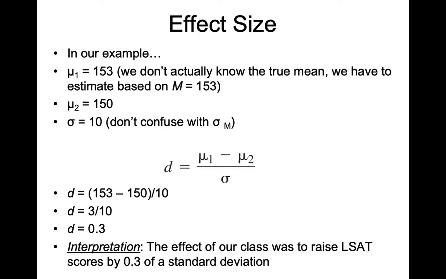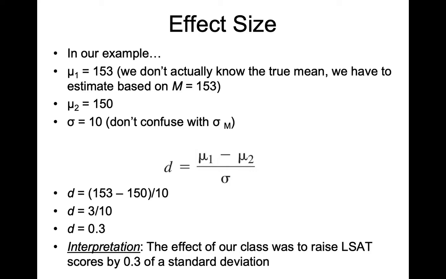So the nice thing about this d statistic is it communicates the size of an effect in a metric which can apply to anything really, because we're talking about standard deviation units. So very similar to z-scores, very similar to the z-tests that we've been doing.